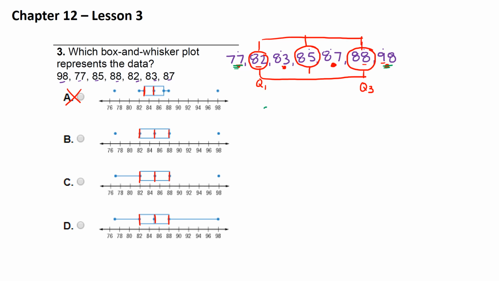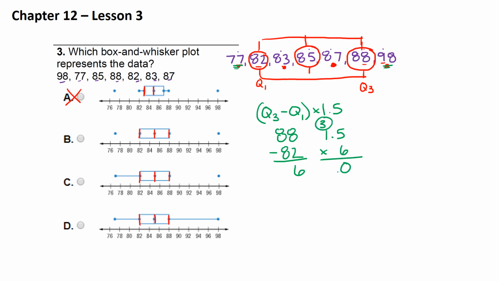To do this, we have quartile 3 take away quartile 1 times 1.5. So we have 88, subtract 82, which equals 6. Now we multiply that by 1.5, which equals 9.